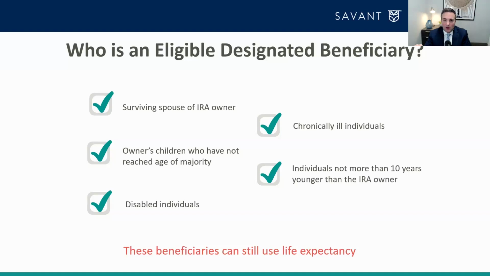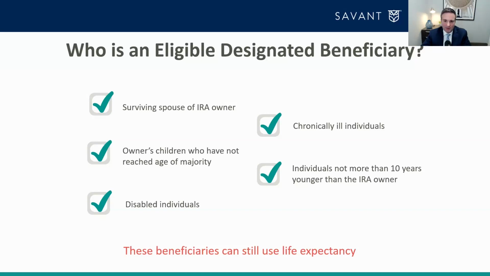And if you are an individual not more than 10 years younger than the IRA owner, and a lot of times this is a sibling that inherits the IRA, then you can also use your own life expectancy. So it's important to identify whether you are in one of these eligible designated beneficiary categories, because there's the opportunity to defer income tax beyond the 10-year period and basically save income tax, with a little bit more flexibility in the plan.